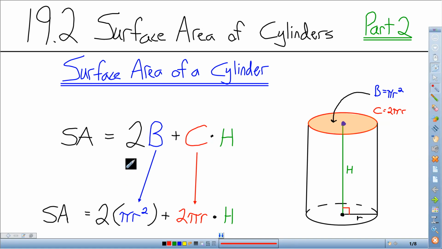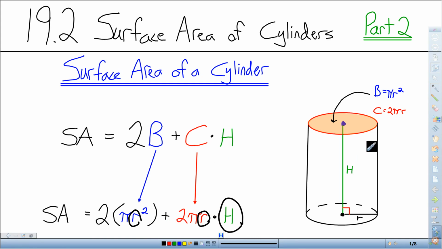And when we go to plug in these values, because we always have circular bases on cylinders, we know what we're going to plug in. The area of the base is going to be pi r squared. That's how you find the area of a circle. And the circumference of the circle is 2 pi r. All right. So just one thing to realize, when it goes to actually plugging in numbers, all we need is the radius of our circular base and the height of our cylinder, and we're good to go.